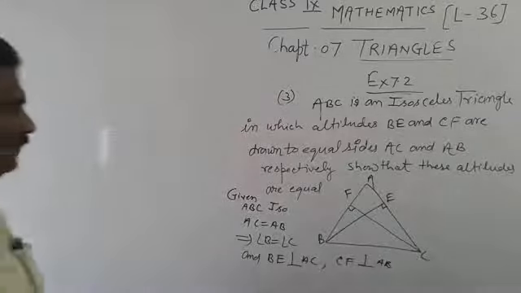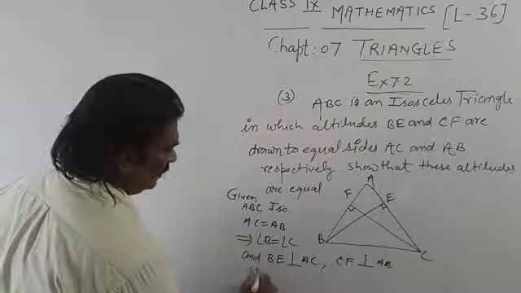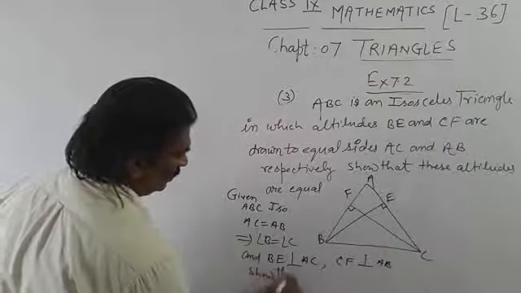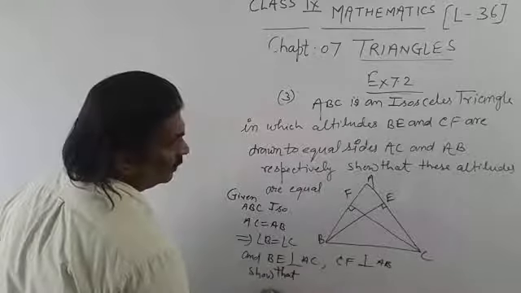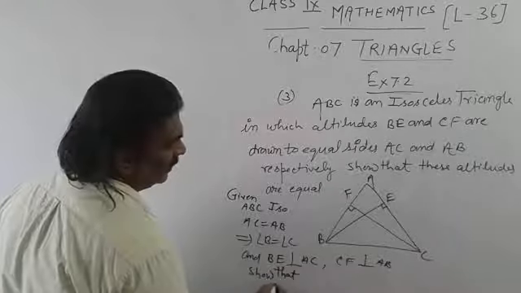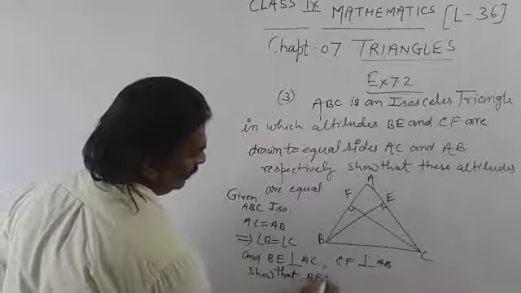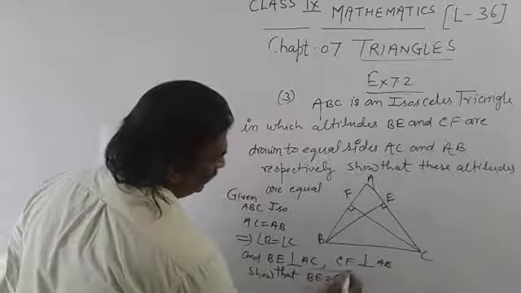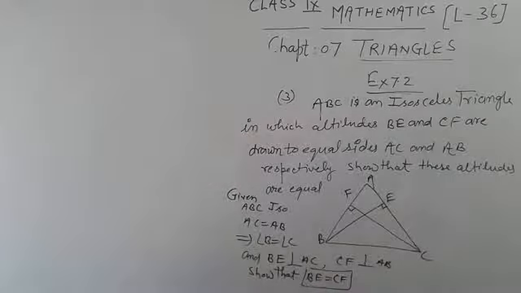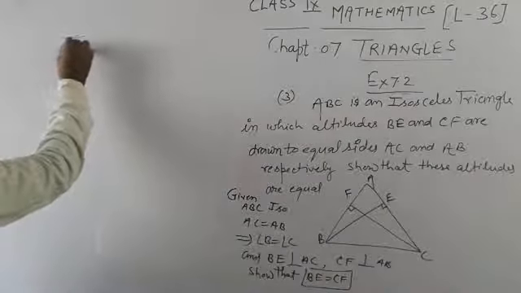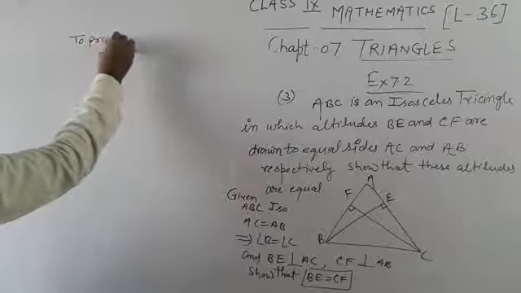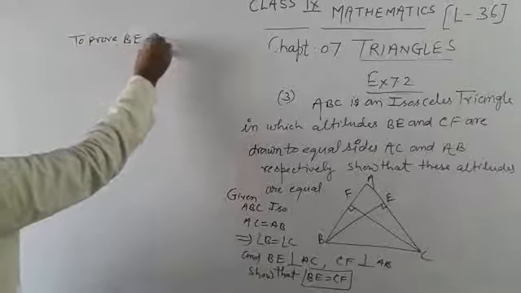Now we have to prove, we have to show that these altitudes are equal. It means BE is equal to CF. So students, we have to prove. What is to prove? To prove BE is equal to CF.